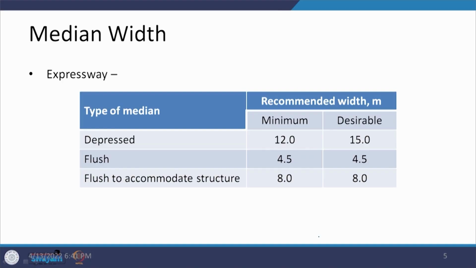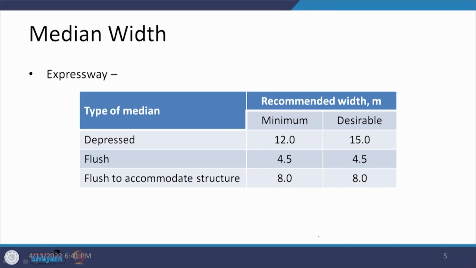Now, when we look at the recommended width of the median, for depressed it is minimum 12 meters, but desirably it should be 15 meters. And the reason is, if you are going to take one lane on either side, then 3 plus 3.5 plus 3.5, that is 7 meters, is going to be there, and you are left with a minimum of 5 meters if you have a depressed median.